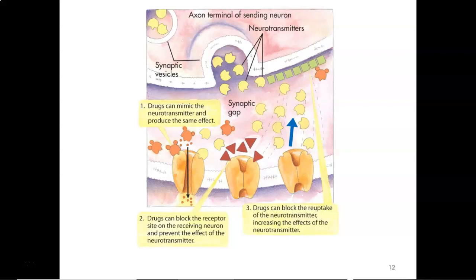So we can create drugs that mimic the molecular structure of whatever neurotransmitter it is that we're targeting. So here we've got norepinephrine, we have serotonin, and here we've created a drug that mimics the molecular structure of serotonin and tricks the lock, tricks the receptor site into accepting the medication and using it as a neurotransmitter.